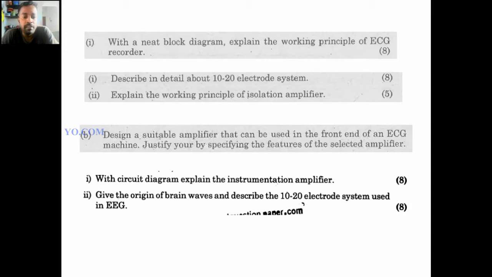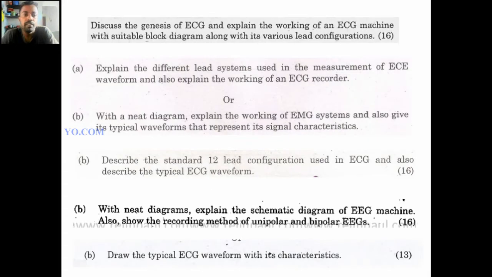Then give the origin of biowave and describe the 10-20 electrode system used in ECG. The 10-20 electrode system comes under ECG recorder. Then discuss the genesis of ECG and explain the ECG machine with suitable block diagram along with its variant configurations.